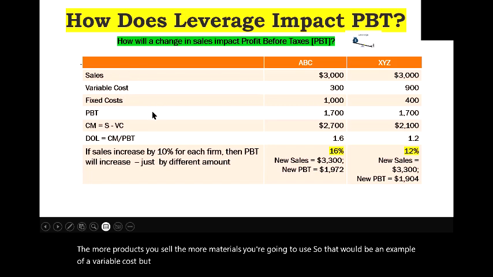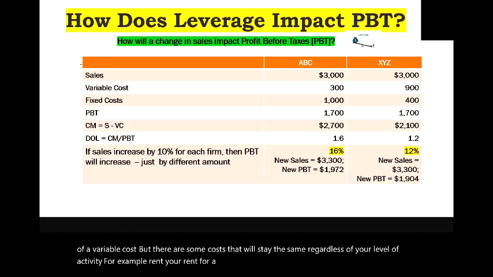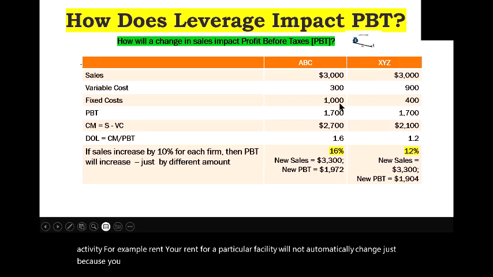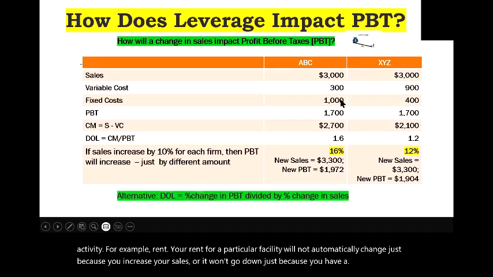But there are some costs that will stay the same regardless of your level of activity. For example, rent. Your rent for a particular facility will not automatically change just because you increase your sales, or it won't go down just because you have a slowdown in your sales.